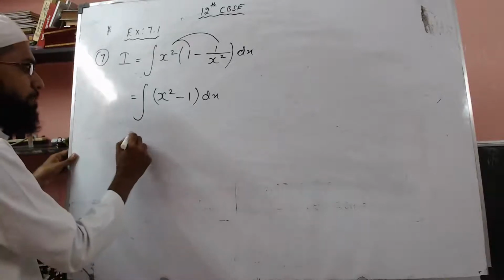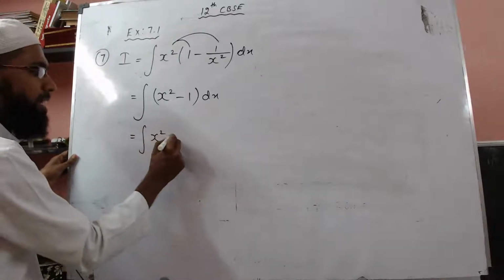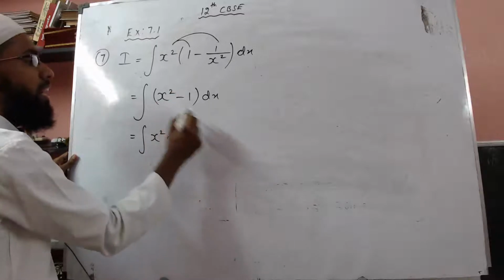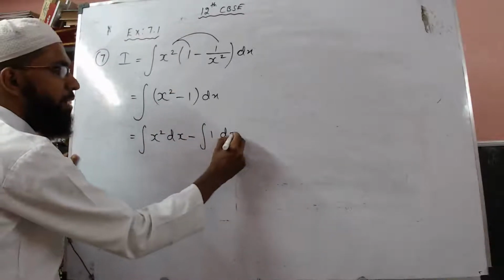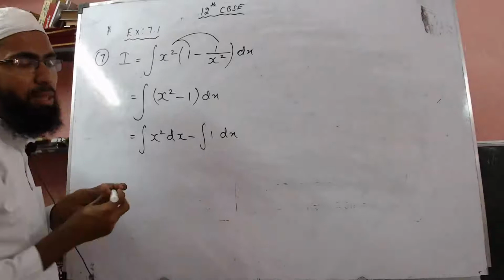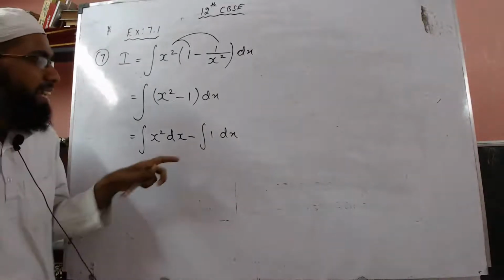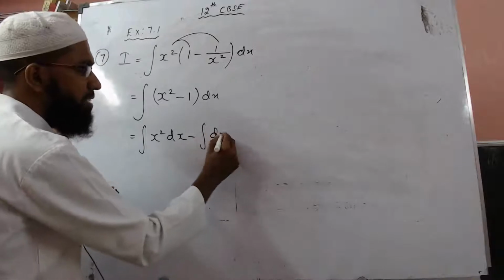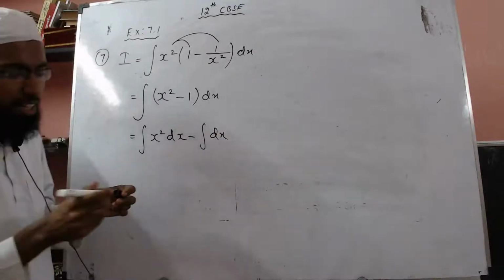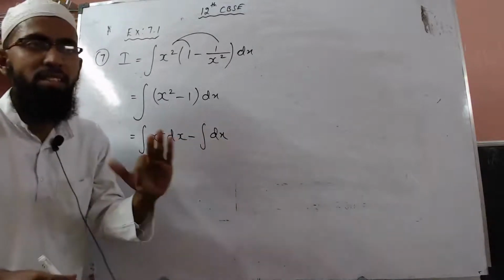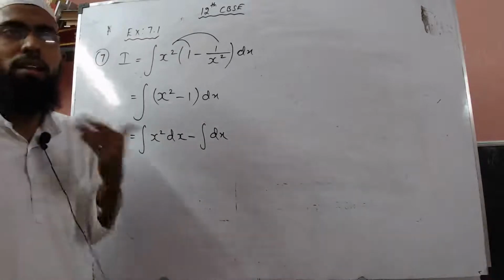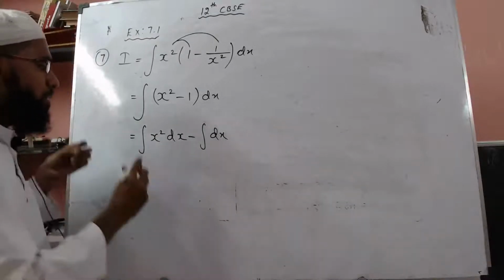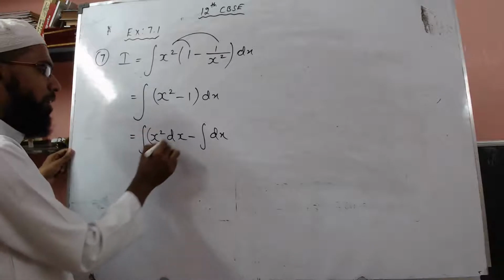Now I can split it as the integral of x square dx separately minus the integral of 1 dx separately. This 1 dx I can simply write as the integral of dx alone. In the last session I told you the integral of dx is x, the integral of dy is y. And what is the integral of x square?